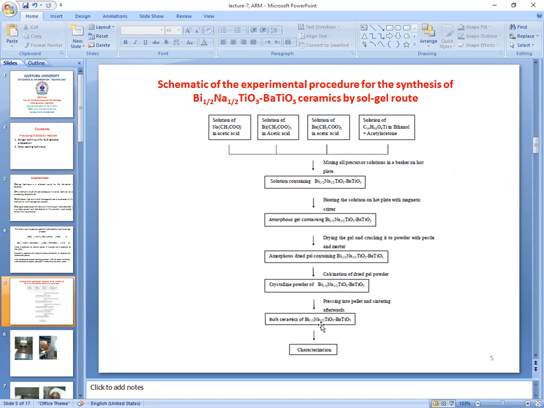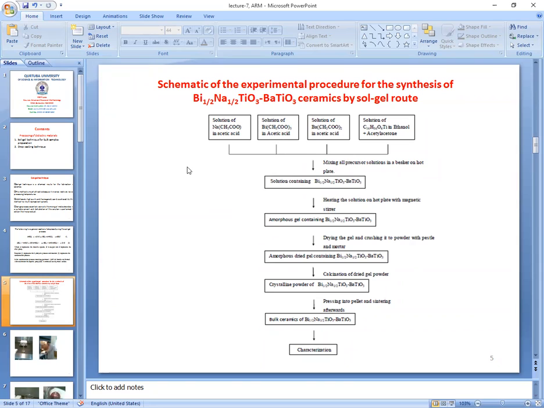Then after sintering, which is basically the densification process, we characterize it by XRD, SEM, DMA, TF analyzer, LCR meter, whatever we need for the sample. So this is the basic procedure which we followed during the fabrication of this material. This is the sol gel method.